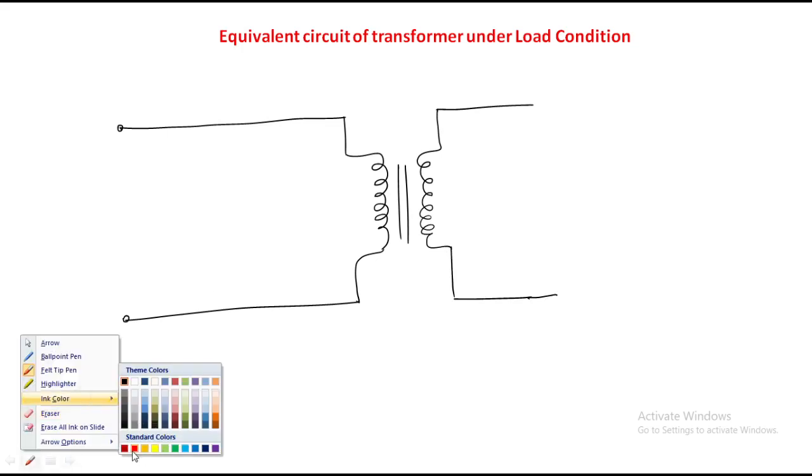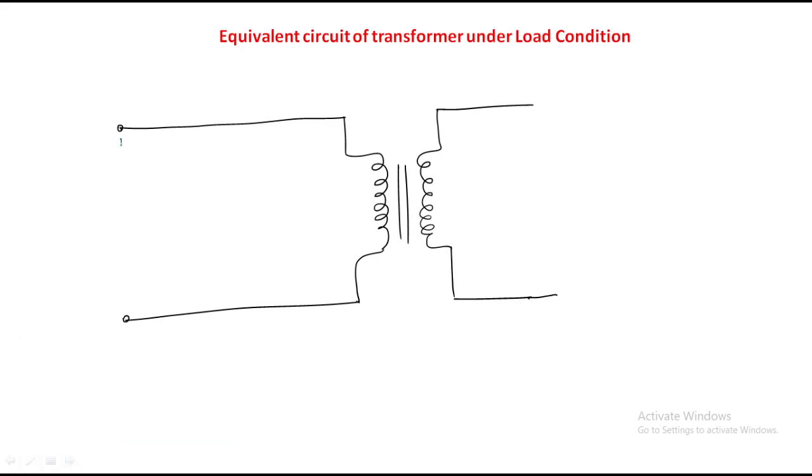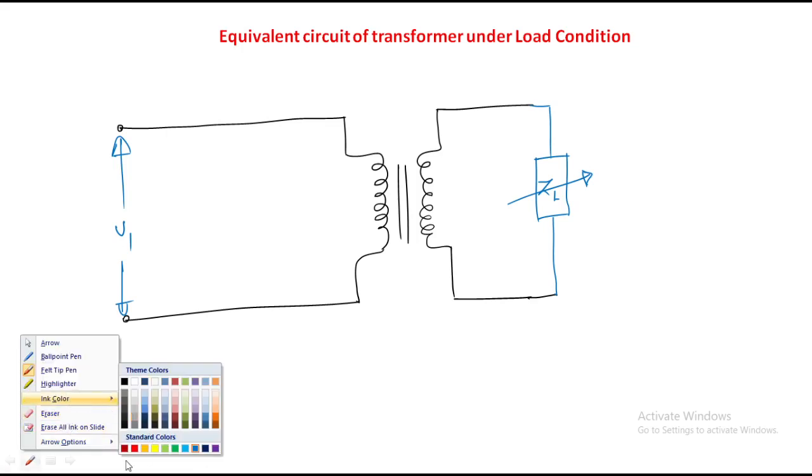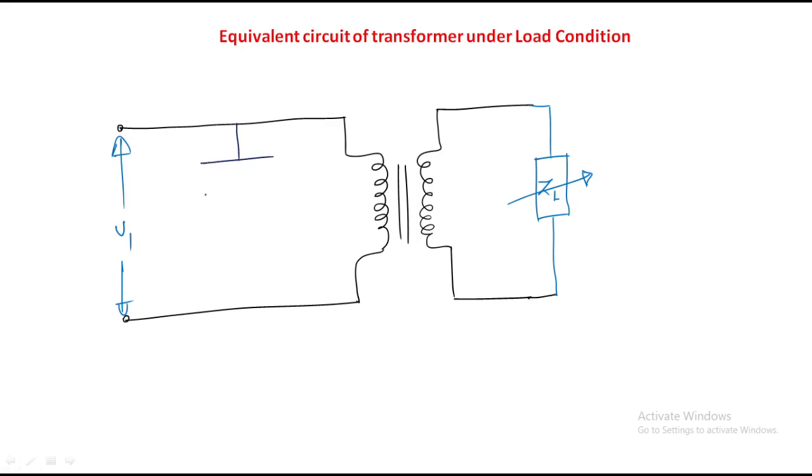So we have a supply V1, and we have a variable load across the secondary. This is the resistive branch and this is the reactive branch.